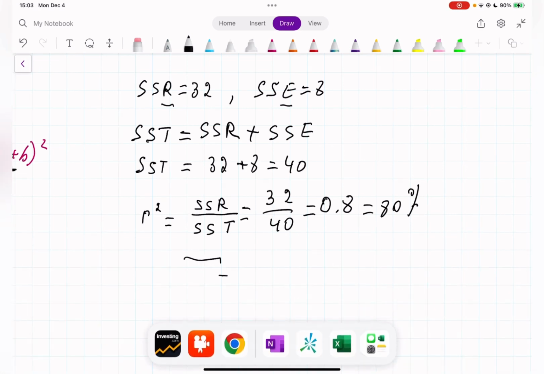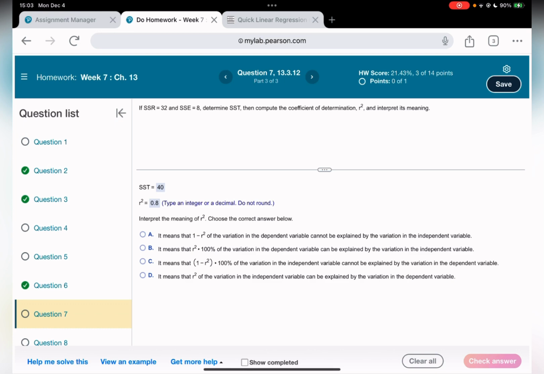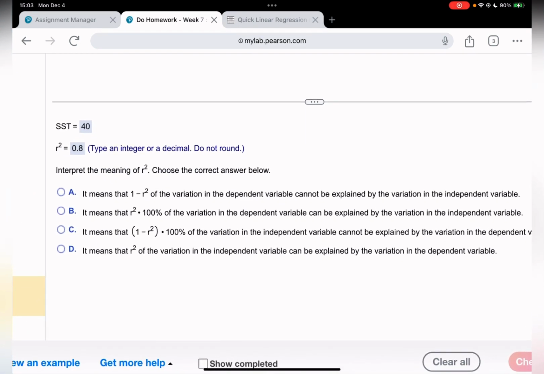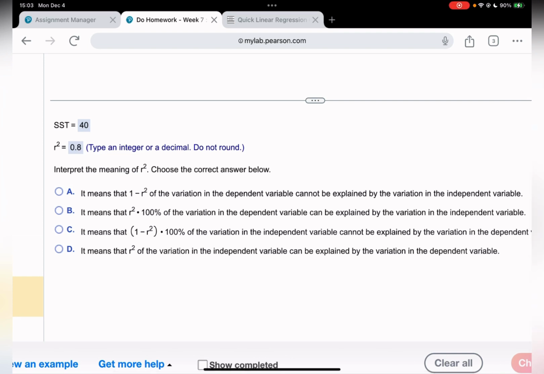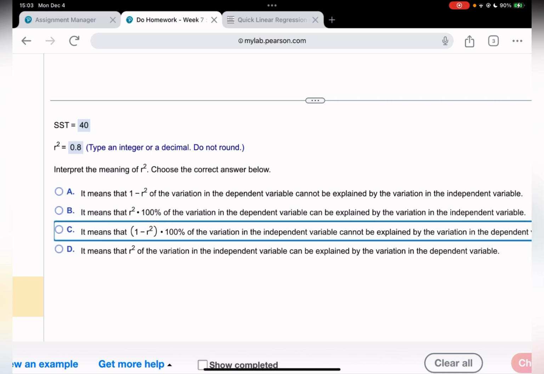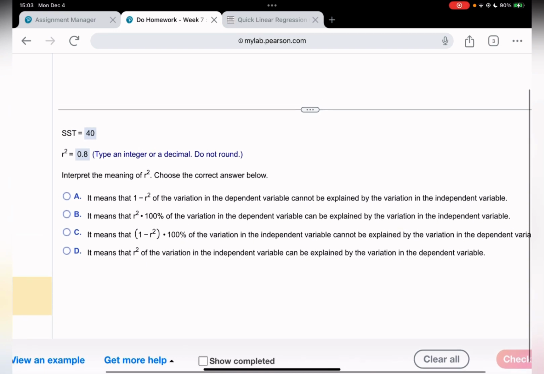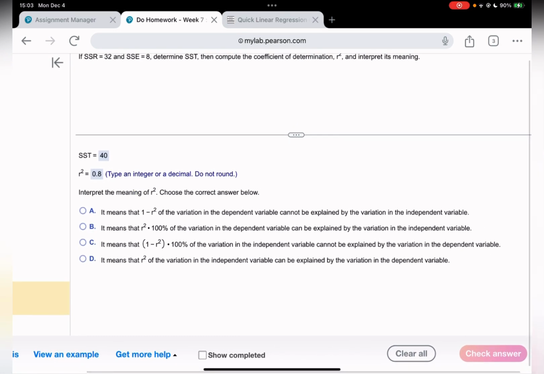So let's see what answer we're going to get. I see here R squared times 100%, because we get it in decimal notation and we multiply by 100. It means that R squared times 100% of the variation in the dependent variable can be explained by the variation in the independent variable.